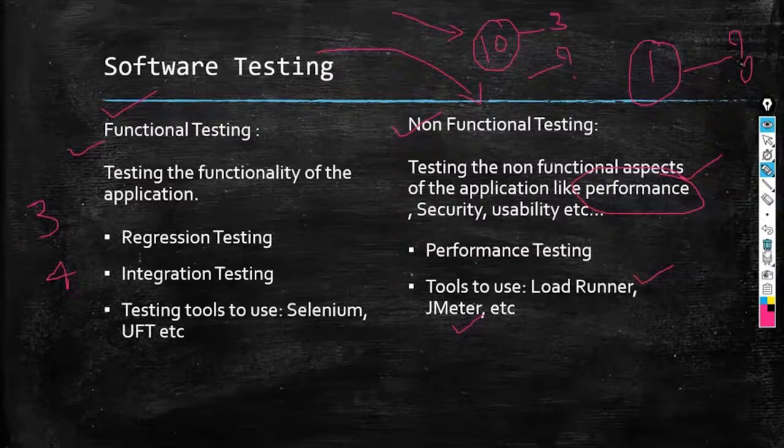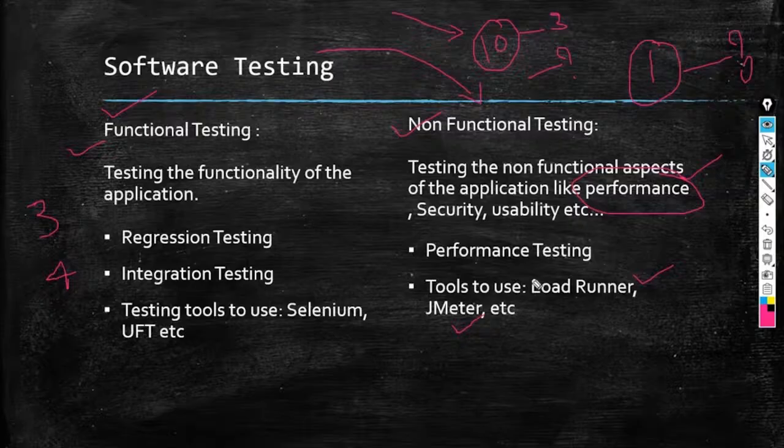Both of these tools are equally important in the IT field. So if you know one tool, at some point in your career you will definitely have to learn the other tool as well, because nowadays the market is expecting a performance tester to know at least two performance testing tools. And it would be great if they are LoadRunner and JMeter.